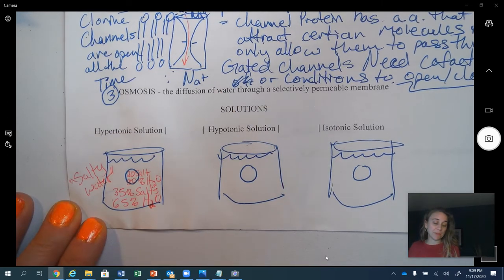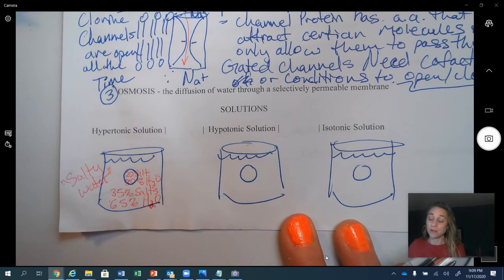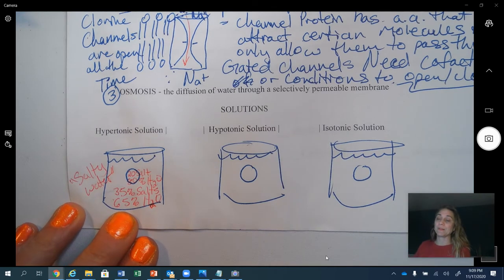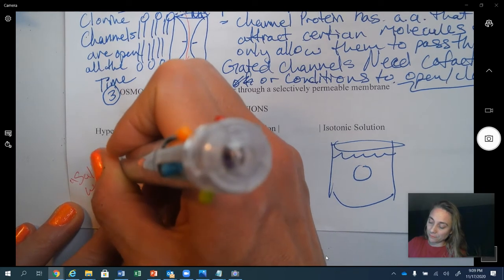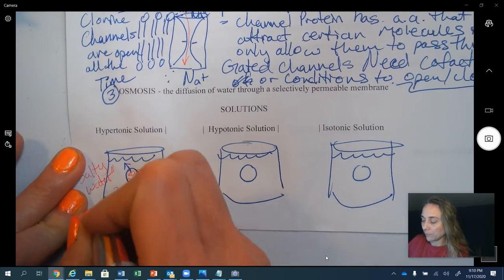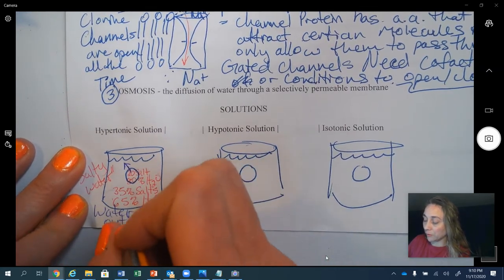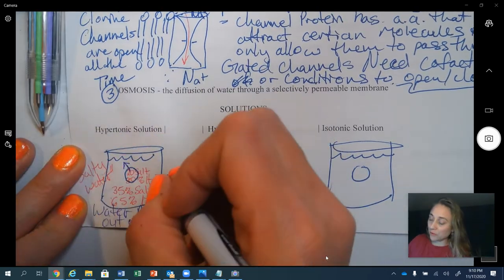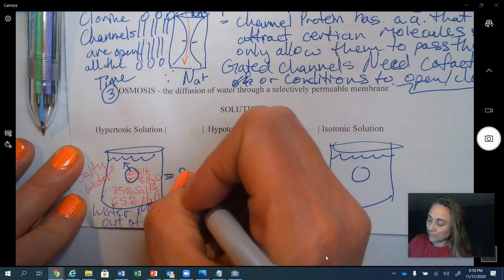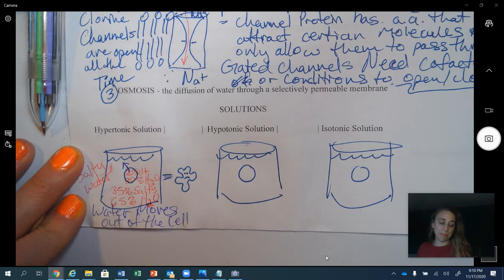So what happens here? The water wants to travel from areas of high concentration to low concentration, and it can, and it does. So water is going to, you guessed it, move out of the cell. And what happens is the cell shrivels. If the cell shrivels, it's not super happy.